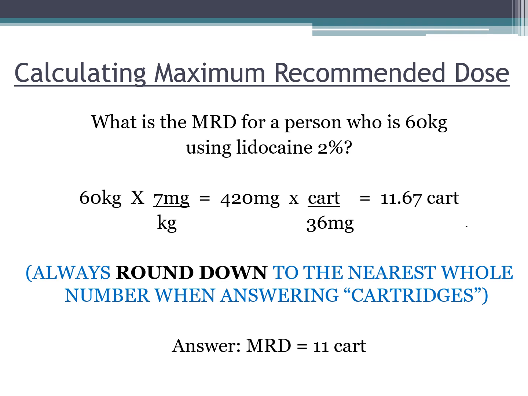It's equal to 420 milligrams, divided by how many milligrams of lidocaine are in a cartridge. Two slides prior to this, you figured out that there are 36 milligrams of lidocaine in the cartridge. So when you work that out, it equals 11.67 cartridges. You always round down to the nearest whole number when answering cartridges. So the answer is the maximum recommended dosage is 11 cartridges.